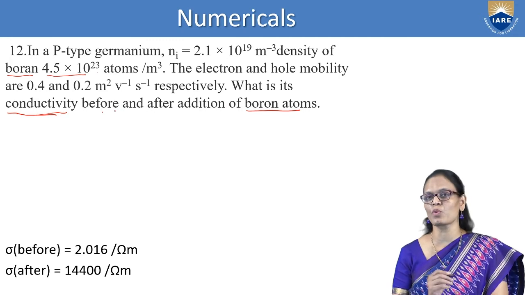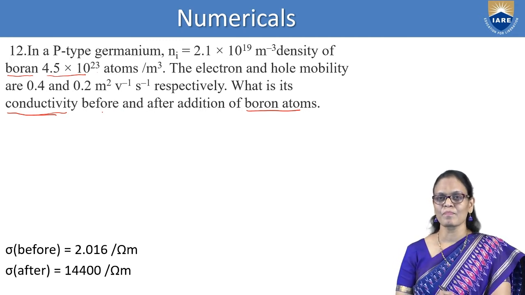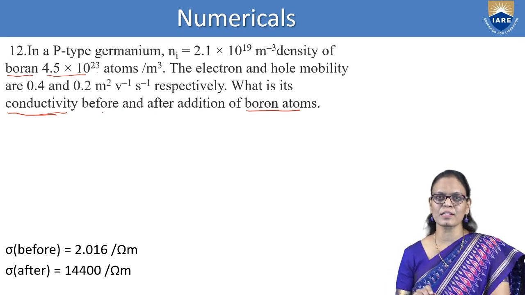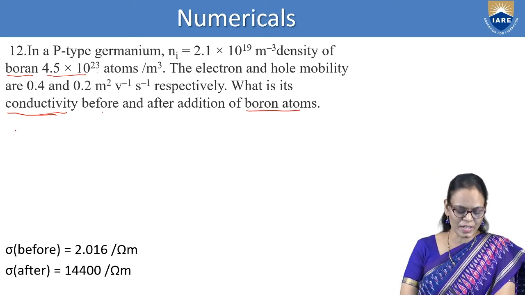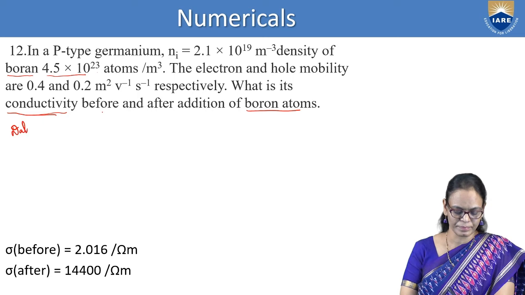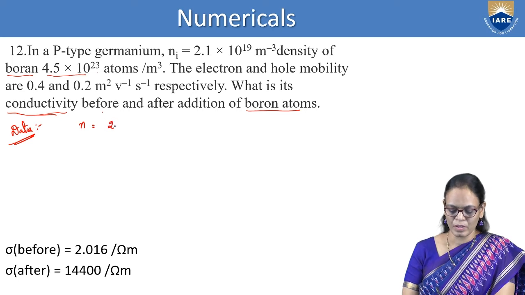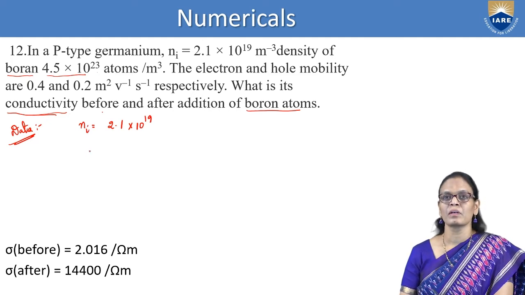That means before addition, what is the conductivity, and after addition, what is the conductivity? That is what we have to find. So first write the data. Ni is given, 2.1 into 10 power 19 per meter cube.